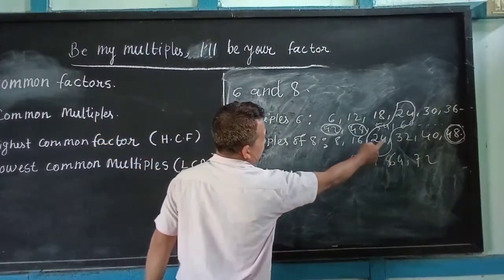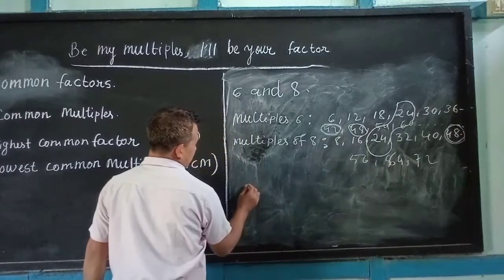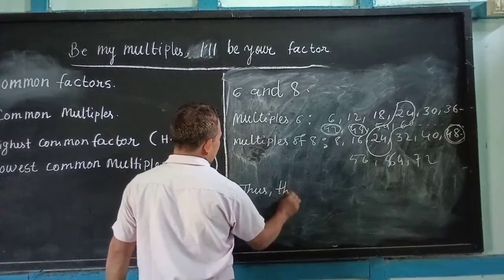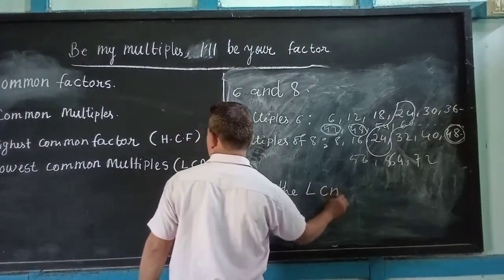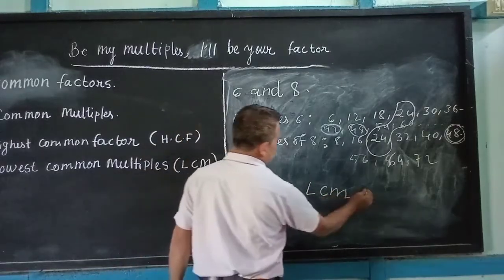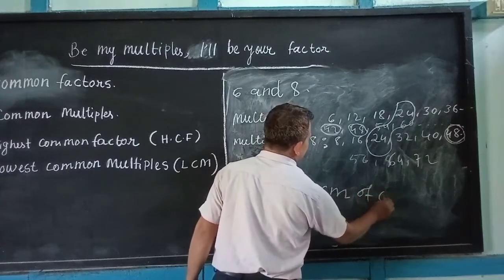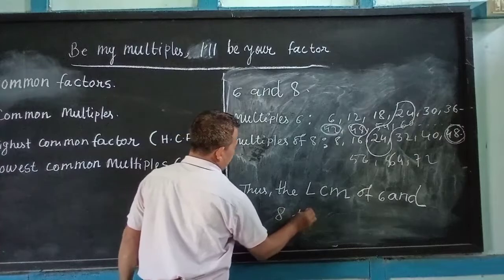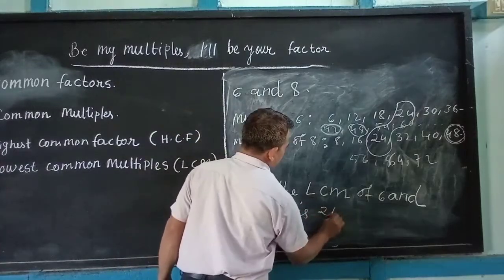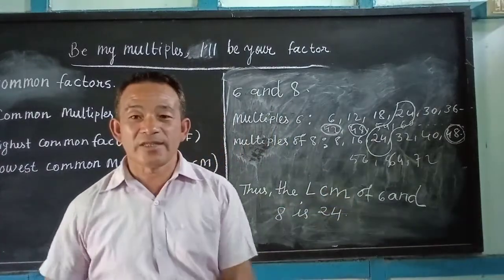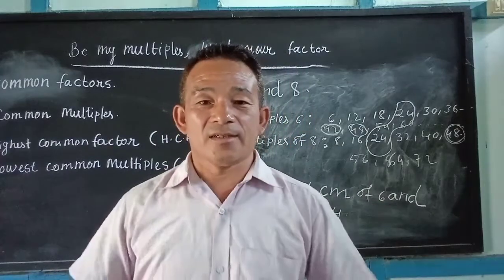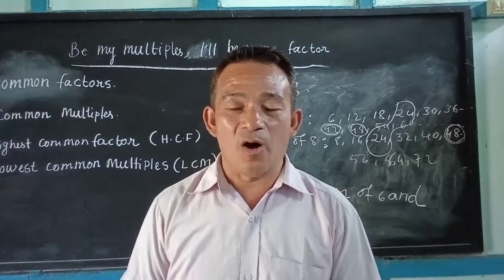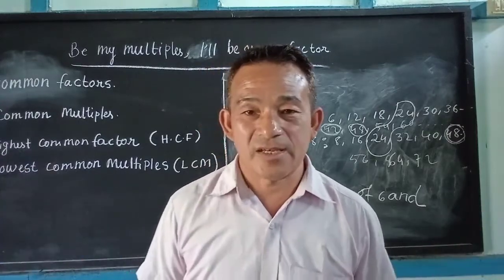So that is 24. So that means the LCM, lowest common multiple of 6 and 8 is 24. So this is how we find the lowest common multiple of given numbers.